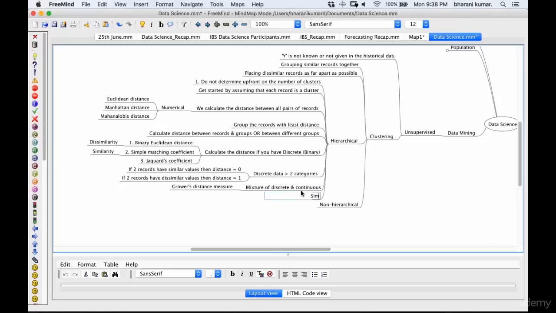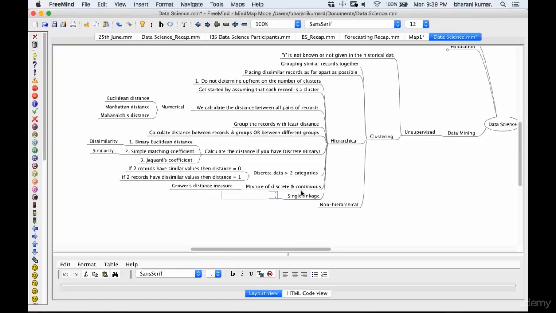That is, you can go with something called single linkage. Within single linkage, we look at the nearest neighbor. So you look at the two entries within two different groups which are very close to each other and find the distance. Or if it's between a record and a group, then from that record you calculate the distance to the nearest value in the cluster.